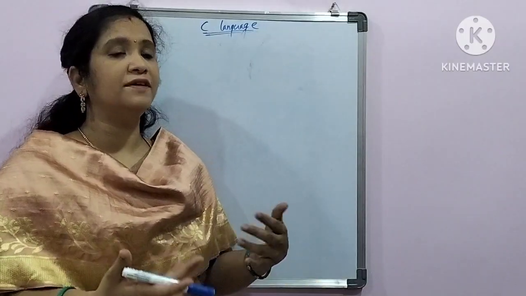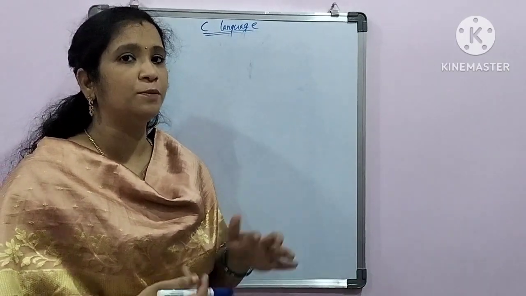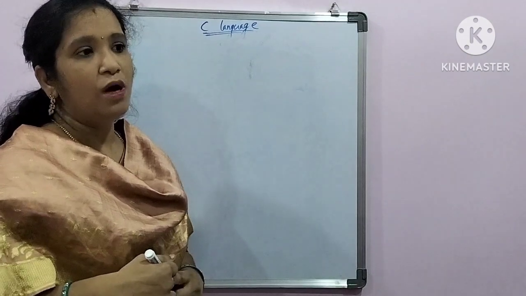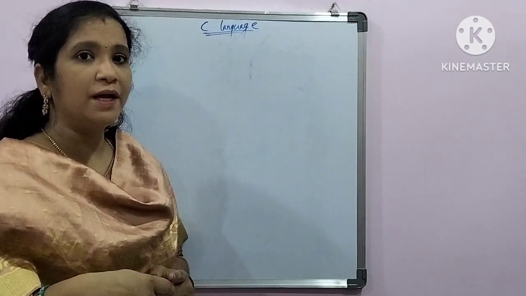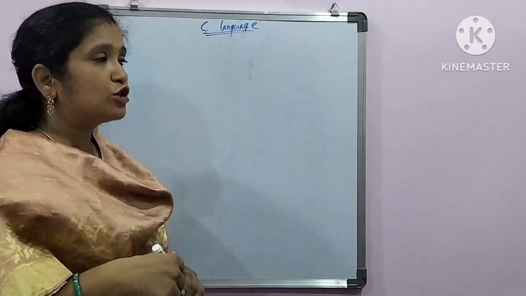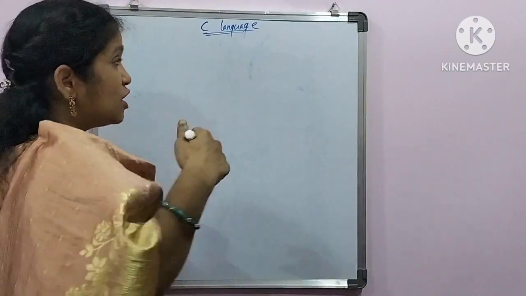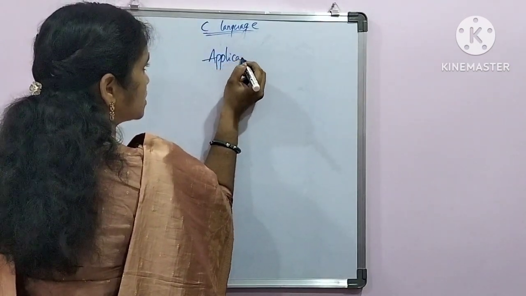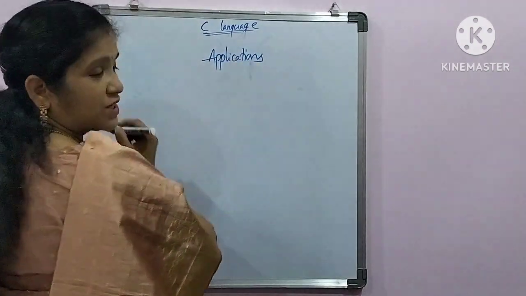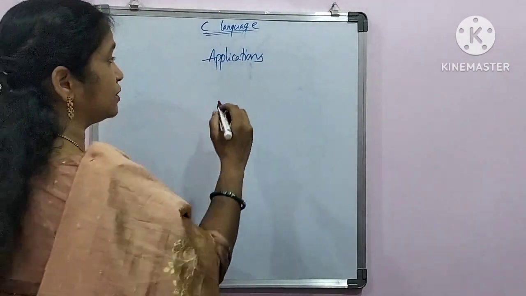Clear? After knowing the reason for learning programming languages, how many types of applications can we develop by using programming languages? By using programming languages, we can develop many applications. Applications are categorized into two types.